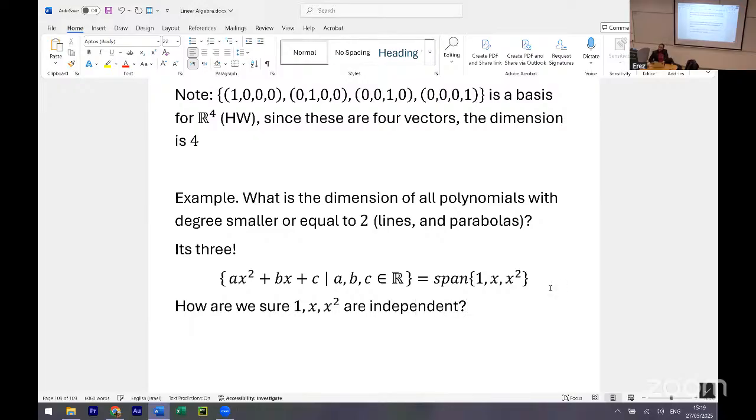Because the sum of the vectors times the coefficients, if they're not all 0, is not going to be 0.